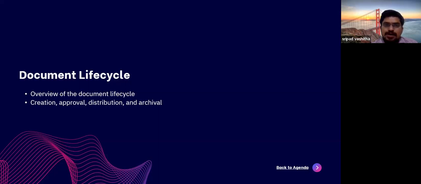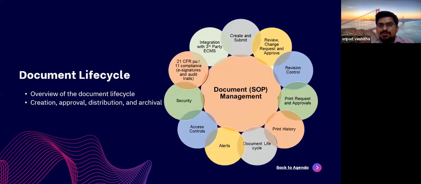So a document goes through its own life cycle from printing to shredding, correct? How it has to be handled is also defined. When you create, it will be under creation and then it has to be approved. It will be distributed and archived. Archived is nothing but it will be stored in a proper place.